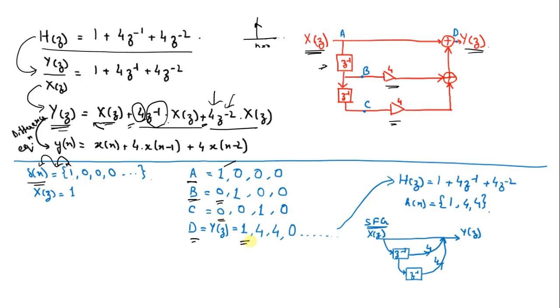Okay, similarly in the next instance, at point a we are having 0. At b, this 1 will be coming through this delay. Okay, this 0 will come to c. Then what would be the output?